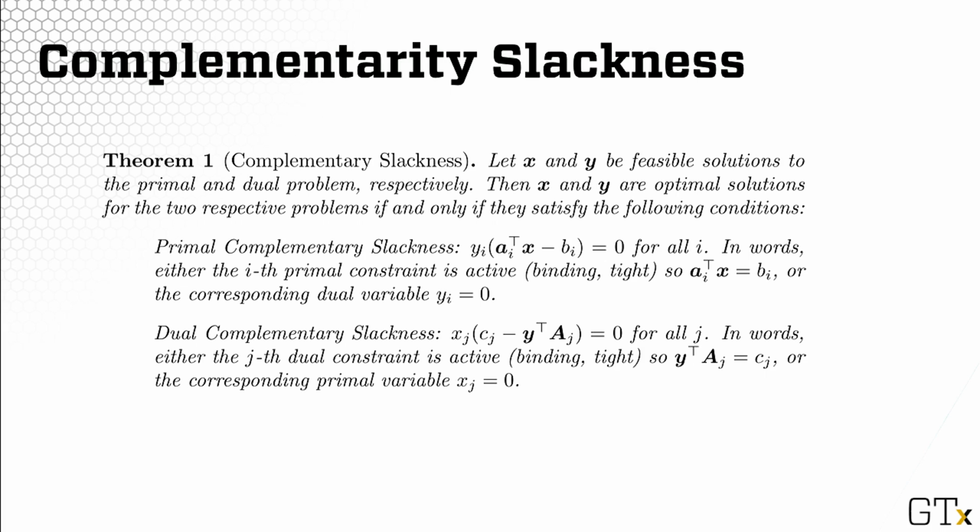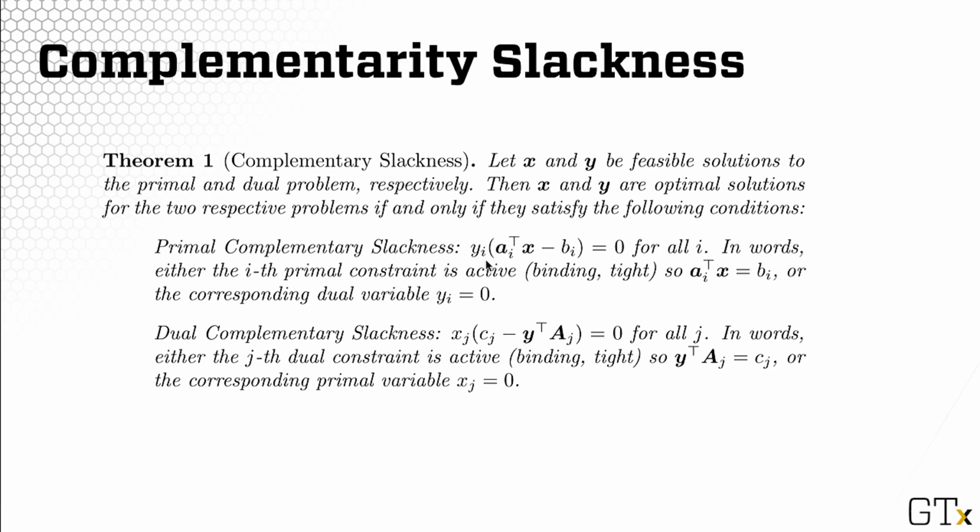The following conditions can be grouped into two parts. The first part is called the primal complementary slackness condition, and it says the primal solution x and the dual solution y should satisfy this condition here. This condition is called complementary slackness.